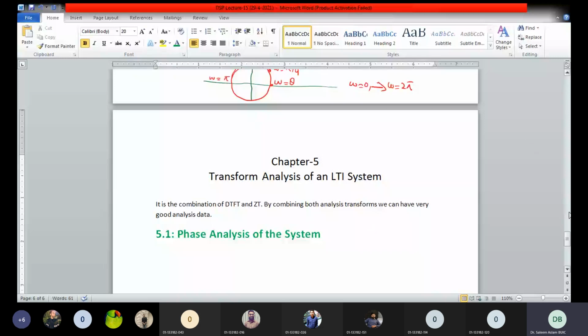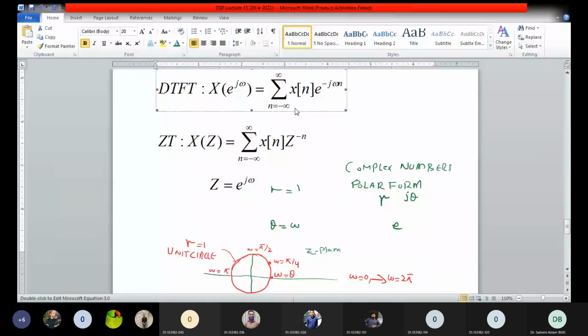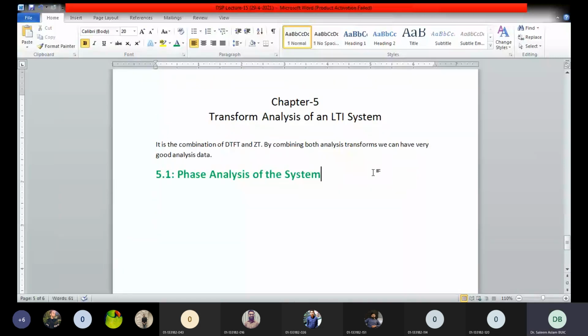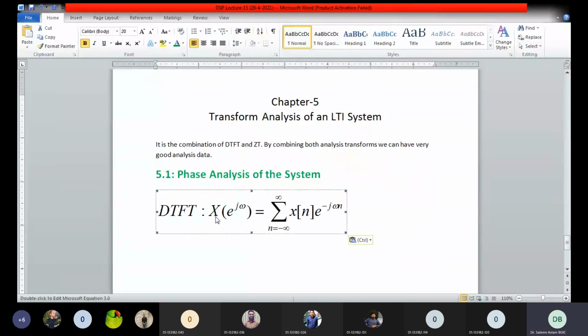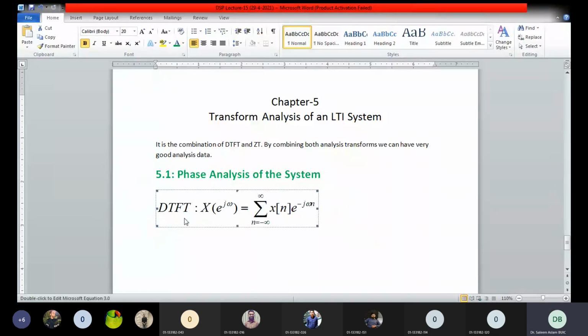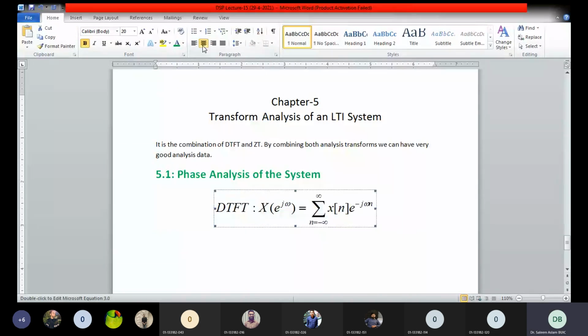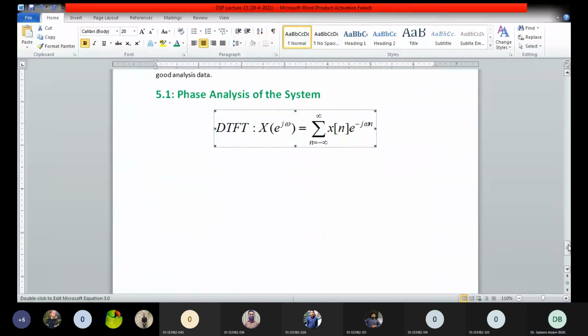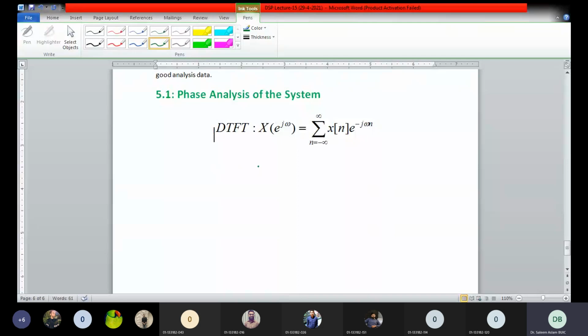Let me copy this from here. Control C, Control V. We know that the DTFT formula is this one. And after taking the discrete time Fourier transform, we get two plots: one is the magnitude plot, the other one is the phase plot.